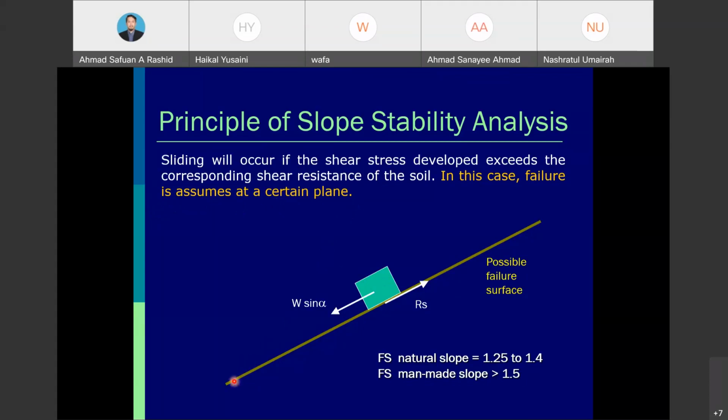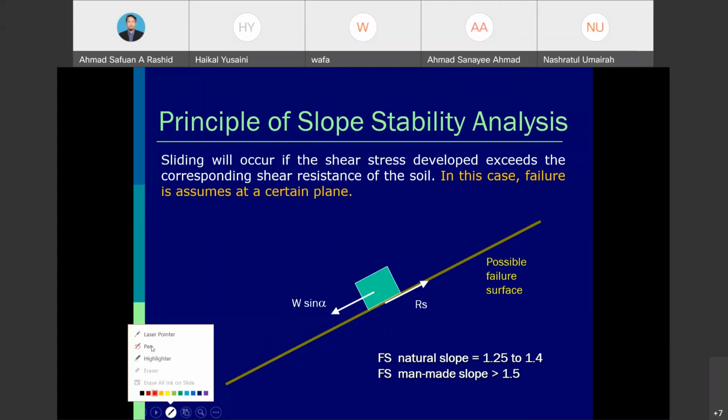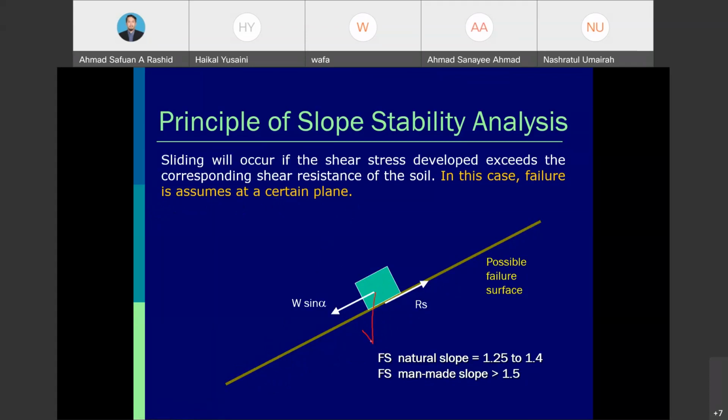So this is the plane, and this is the alpha. The weight of the block we consider as W.